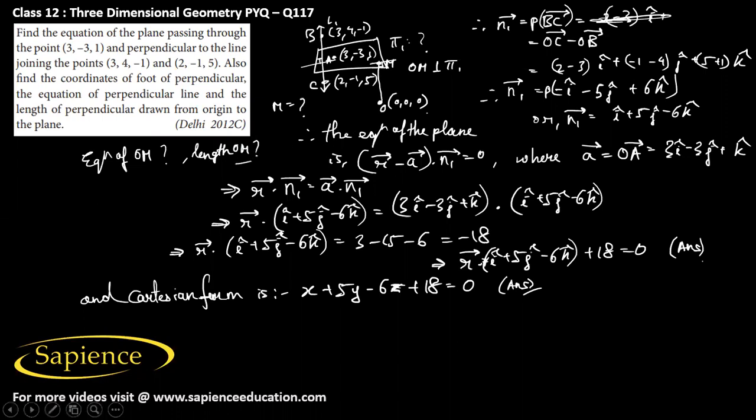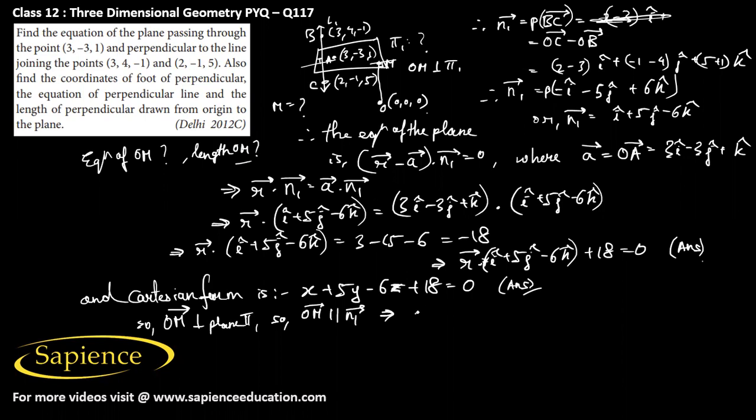So now, OM vector is perpendicular to the plane pi1. So we can say that OM vector will be parallel to the normal vector of the plane, which is n1 vector.